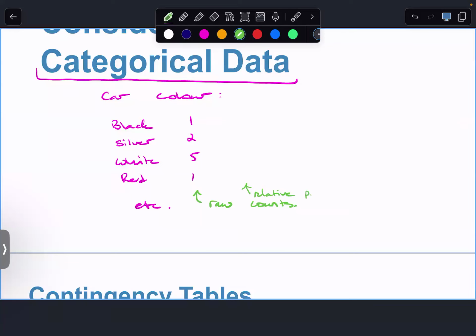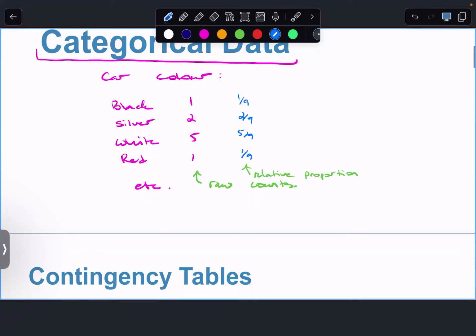Let's start there. Aren't those the same? Yes, they are, sort of. The relative proportion would be 1 out of 9, 2 out of 9, 5 out of 9, 1 out of 9. We can convert that to a decimal and we can talk about percentages, right?